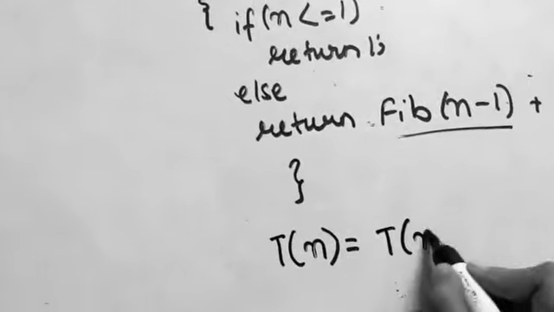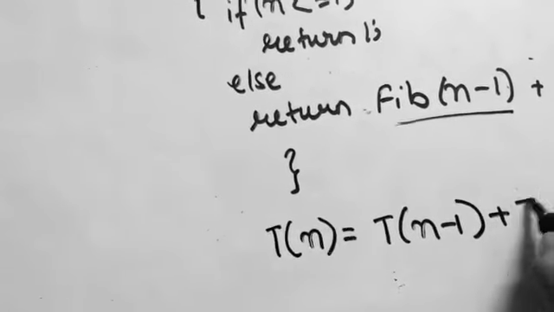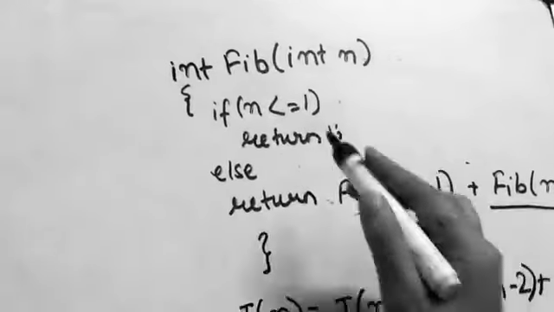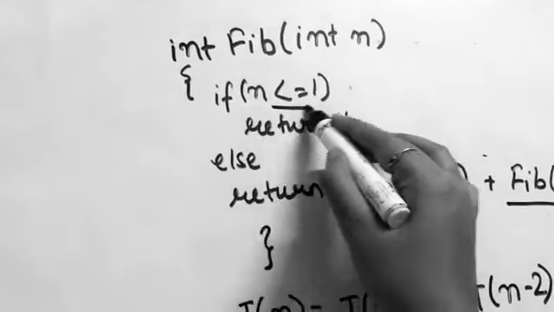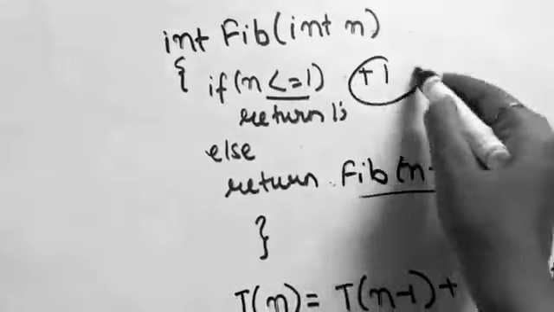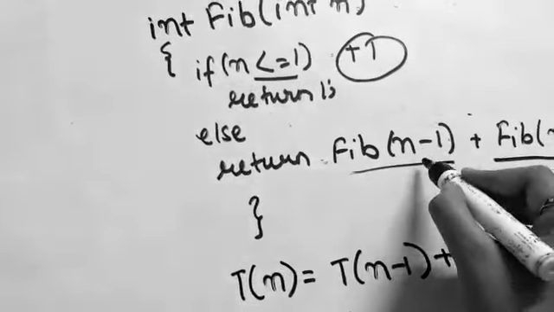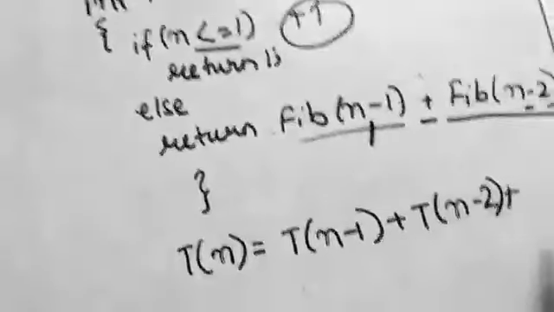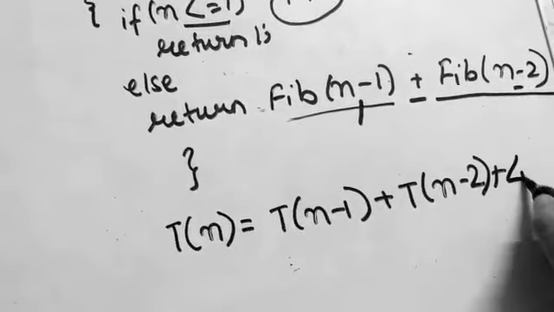So here also we'll write T(n minus 1) plus T(n minus 2), and additionally we'll have these assignment operators which contribute plus 1 over here. So we have this plus 1, this minus sign will give 2, this will give 3, and this will give 4. So we have this time complexity in this manner.